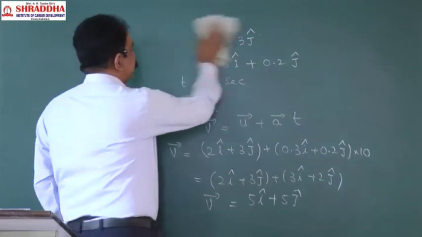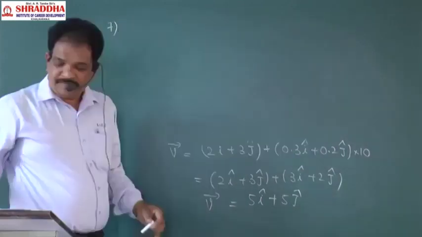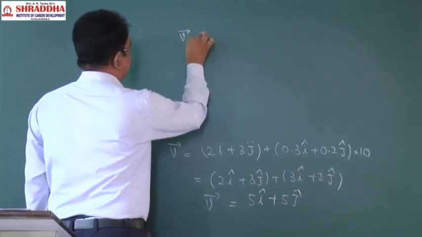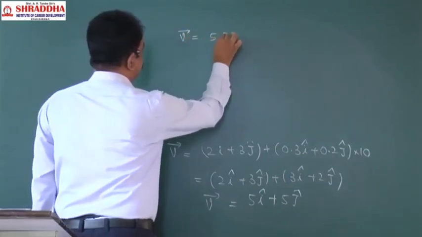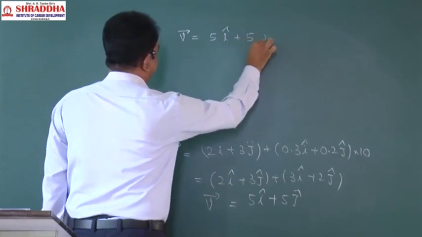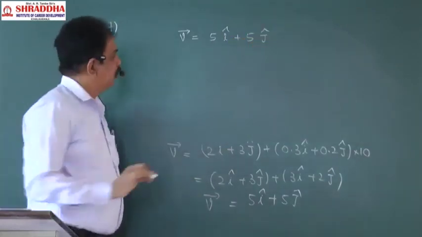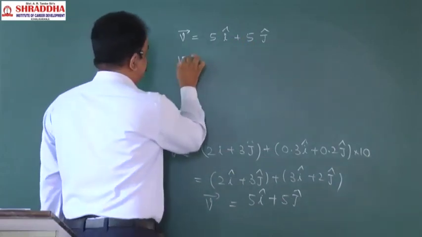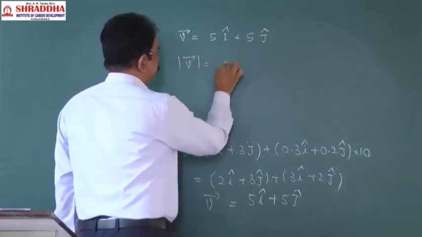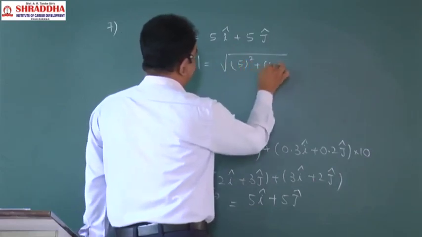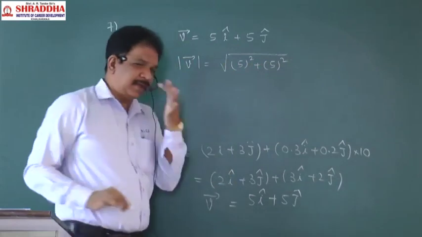How to find magnitude? V bar, we got now. We got V bar is equal to 5i cap plus 5j cap. Modulus of V bar is equal to square root of 5 square plus 5 square.